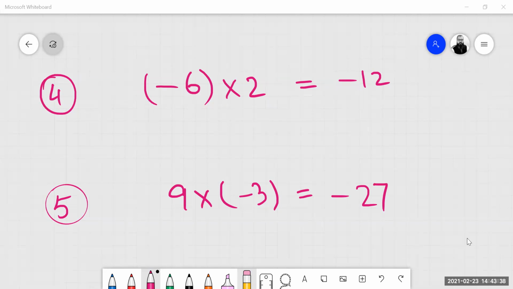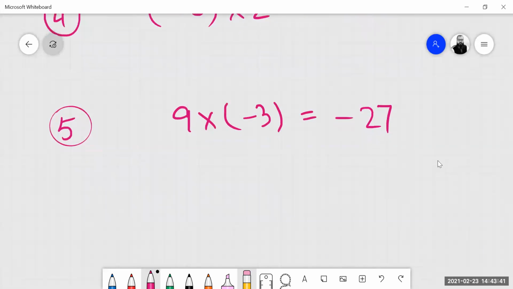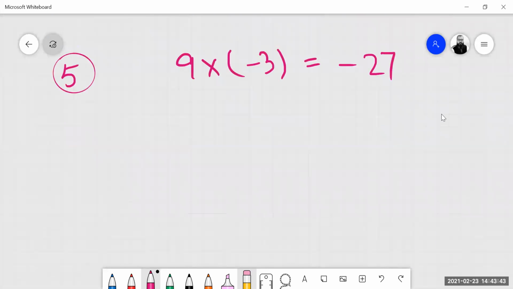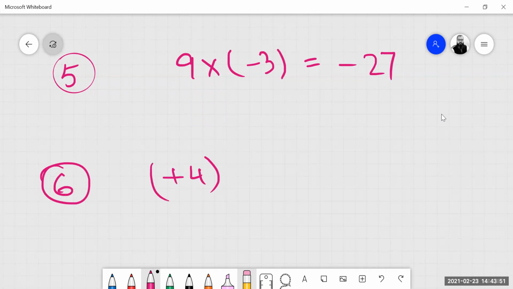Okay, now number 6. Plus 4 multiply minus 3. Anyone? Plus multiply minus equals minus 12.